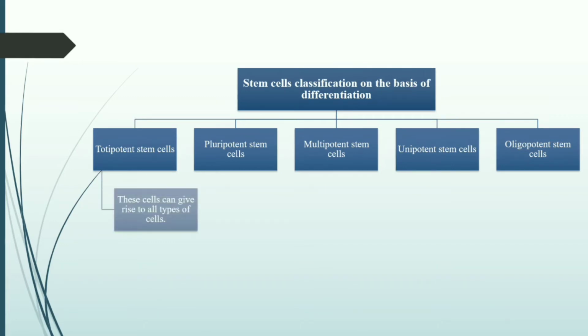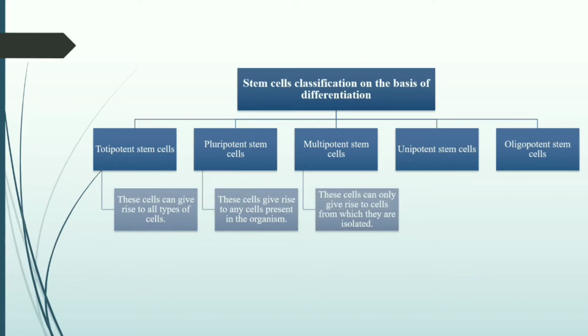Totipotent stem cells are the cells which can give rise to all cell types. Pluripotent stem cells can give rise to the cell types which are present in the organism. Multipotent stem cells are the cell types which can only be isolated from specific cells of origin.